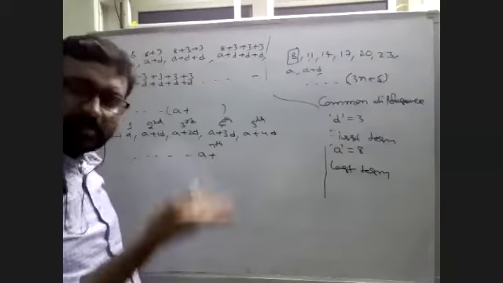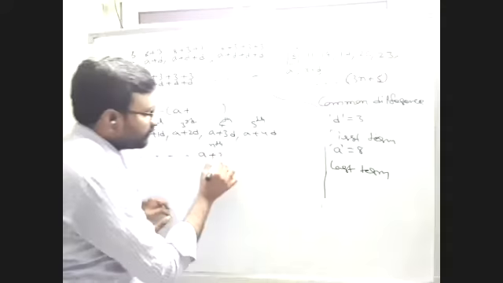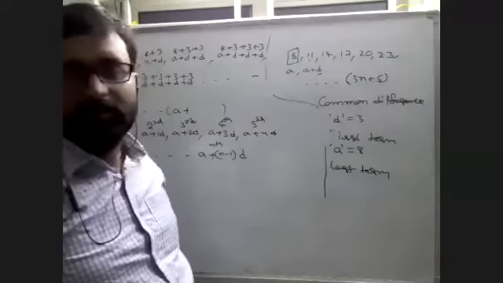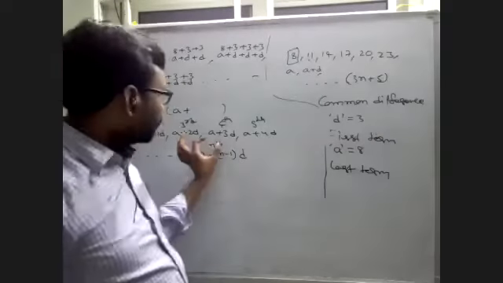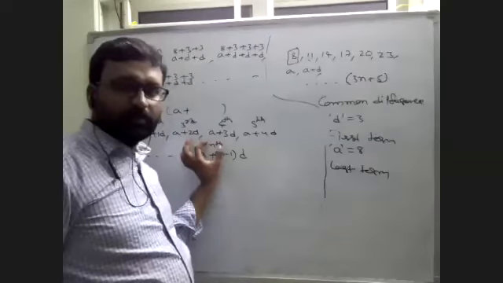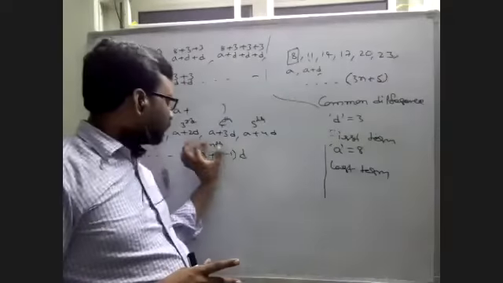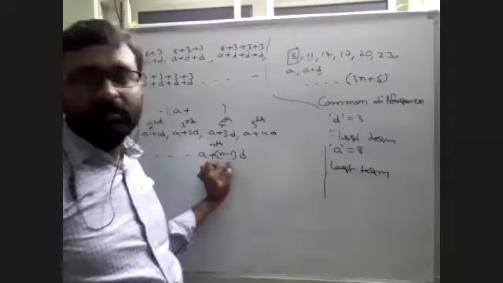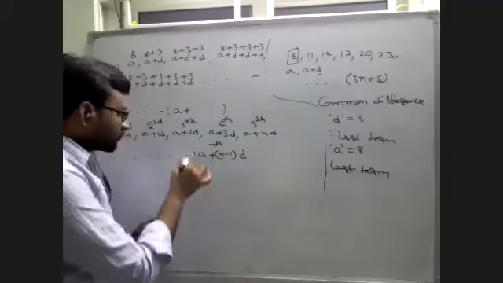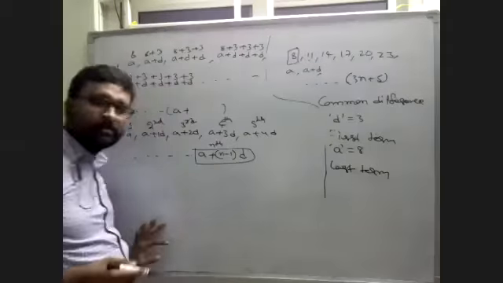For seventh, 6D. For the nth term, n minus 1 D. So whichever term number you write in place of n, subtract 1. That is n minus 1 D, which is added for the last term of this sequence.